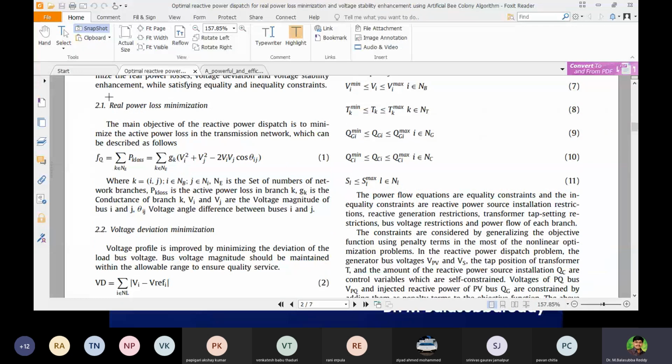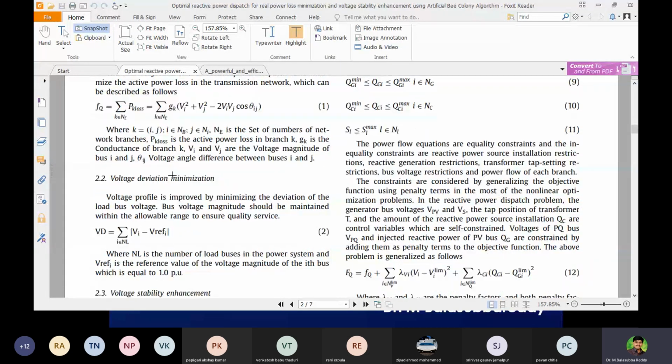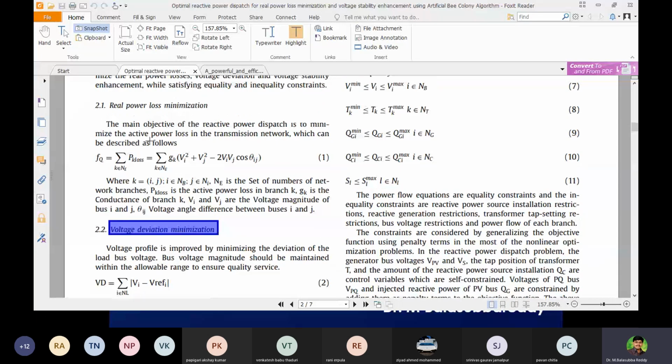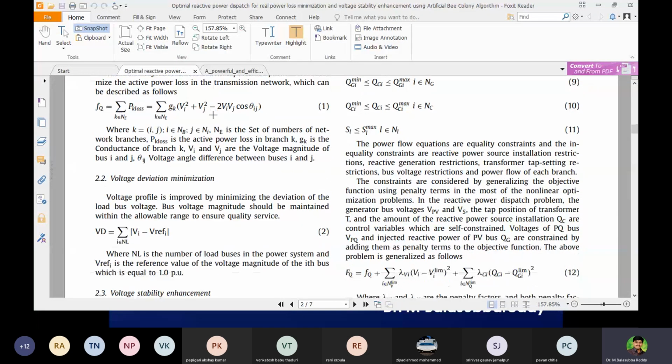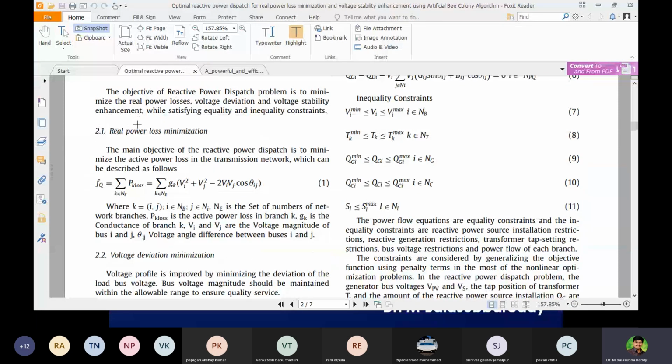Here you can see that if I consider loss as one objective, you will minimize the loss alone, and the voltage deviation alone you can minimize one by one. If I minimize the loss, we don't mind the other parameters; there may be more voltage deviation, or some other cost may be more, we don't mind at all. What we mind is that we have to minimize the loss if I consider this alone.